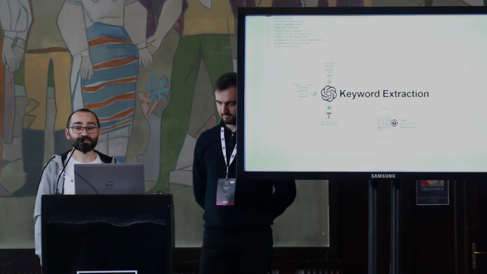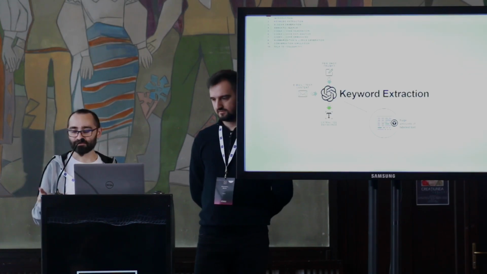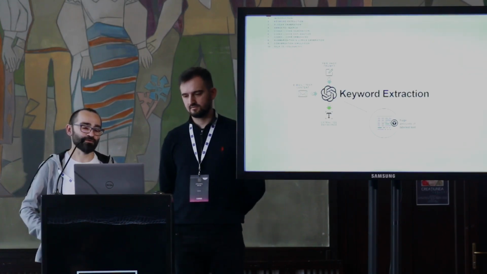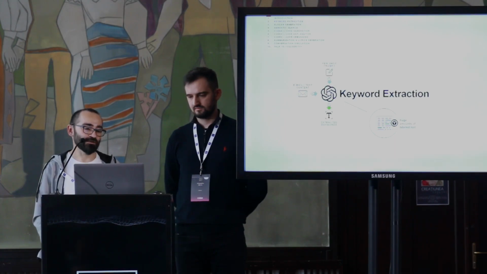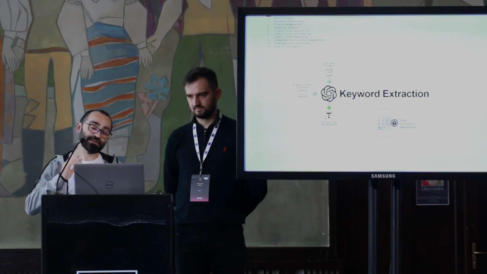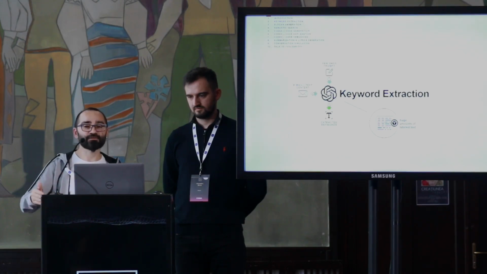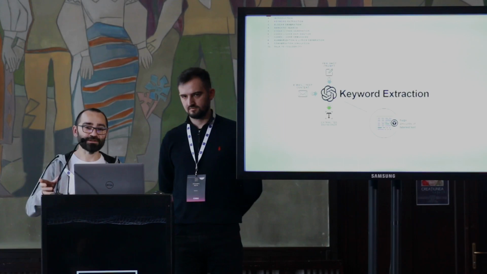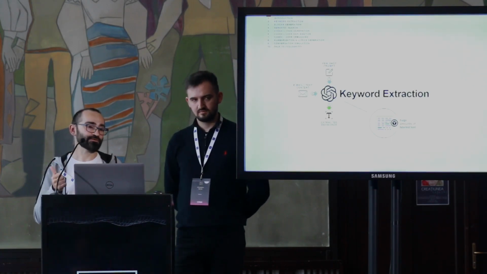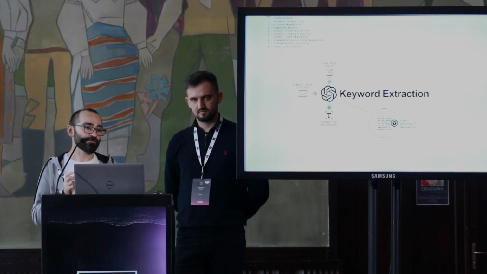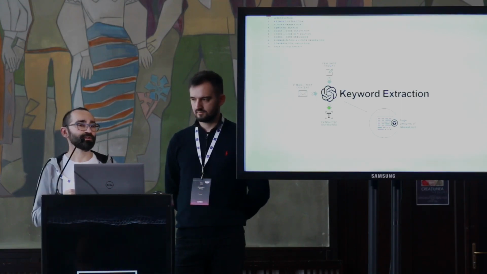How it does it is quite simple. Basically, it was trained on a very huge amount of text data, including a huge amount of labeled text. So when you say, I want to extract keywords from this text, GPT-3 already knows what the meaning of keywords is, and it extracts with a very high probability the keywords you basically intended.